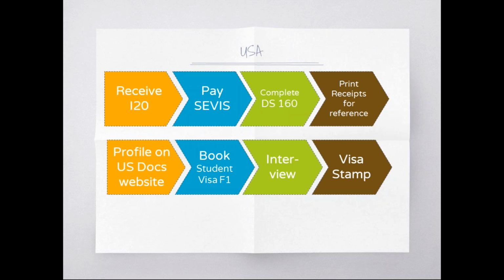Let us start with the first country, which is the United States of America. This country stands to be the dream destination for a lot of us and for a lot of courses as well. However, the visa process for this particular country needs a lot of attention, so we need to talk about it.